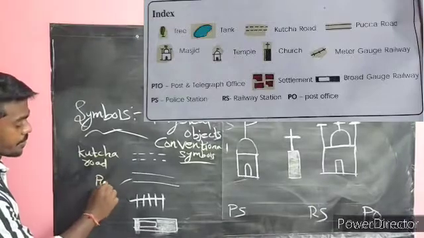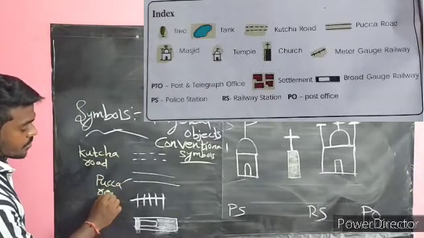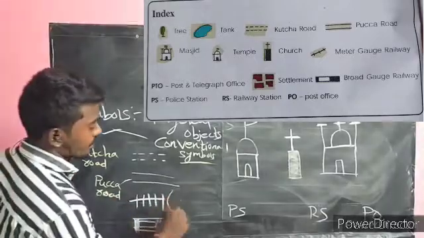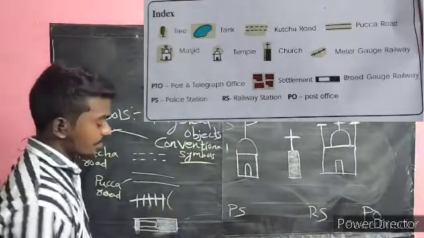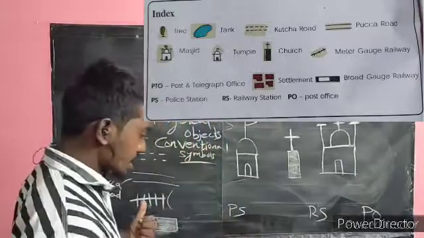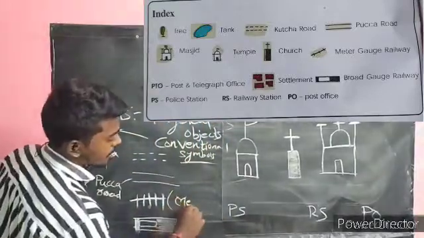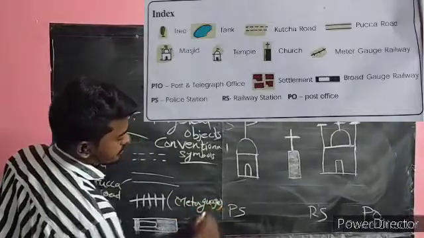And this is a railway track. It is a railway track, also called a meter gauge. Meter gauge.